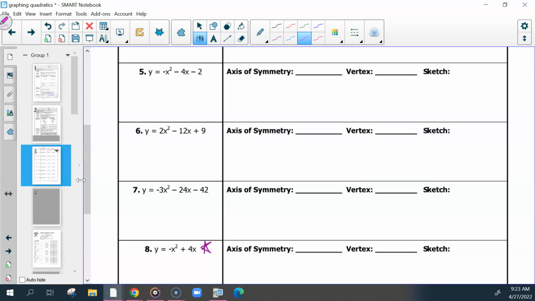For number 6, how would we set up our axis of symmetry? This would be a negative situation, over 2 times 2.